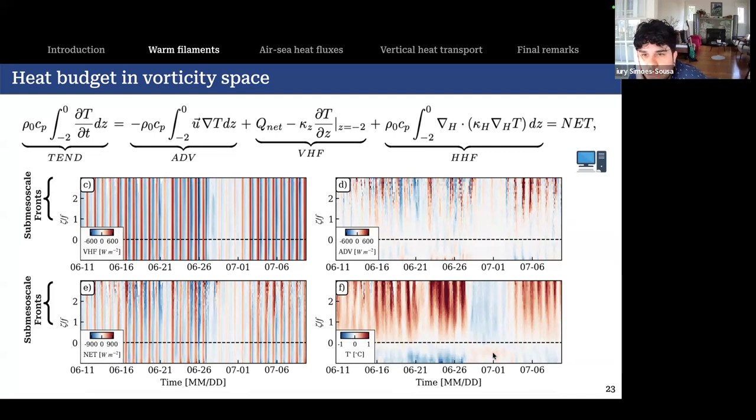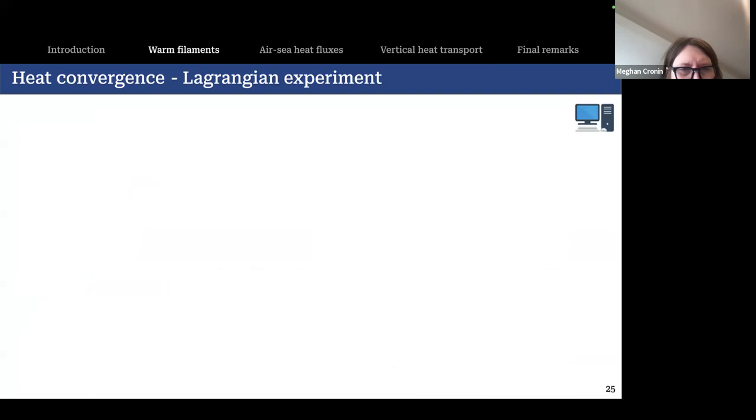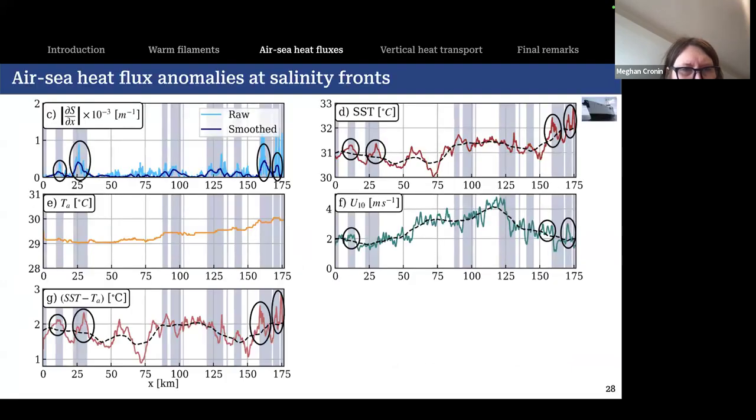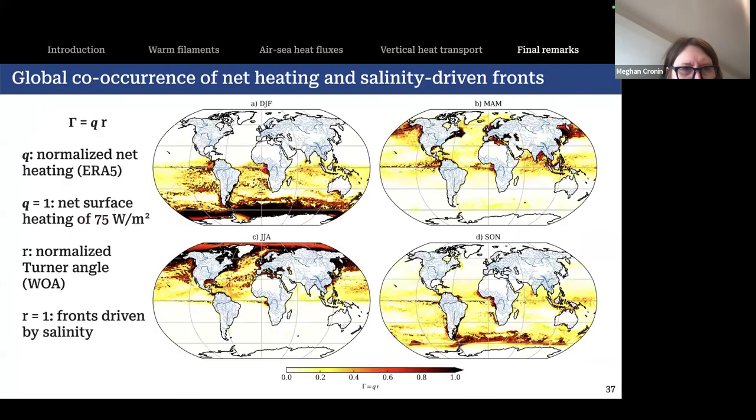Megan Cronin, can you unmute yourself? Yeah. Great talk. One of the last slides you had was the global map of that normalized R and Q. R was the salinity front and Q was the normalized heat flux. And I look at that, and the equator is a boundary for this.